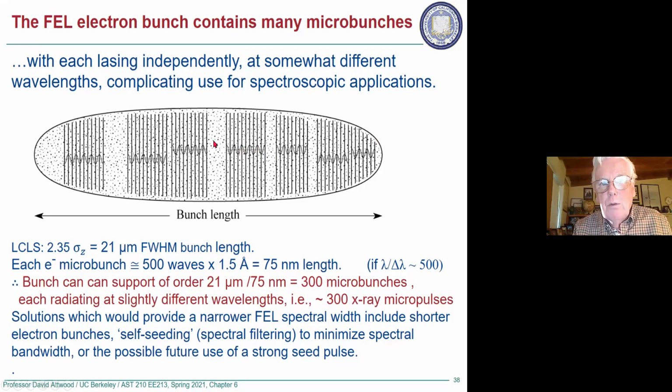Each one of these will produce a separate X-ray pulse, okay? And they'll each be spatially coherent, and they'll each be temporally coherent for this spectral bandwidth. But their center frequencies can fit within a broader undulator bandwidth, and that's what we're going to see.